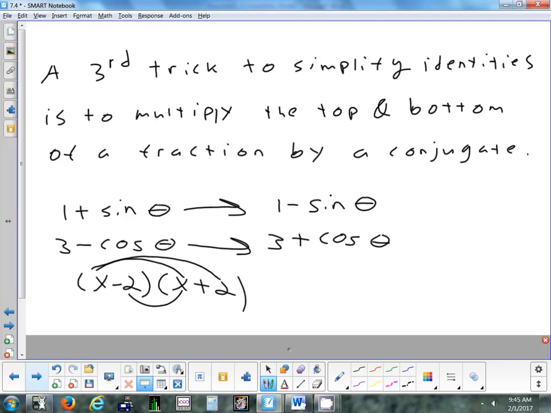There's your canceling: positive 2x, negative 2x. The same kind of canceling can happen with sines and cosines. And then, of course, you'd have to do negative 2 times 2. So that's the third trick, multiplying by conjugates.